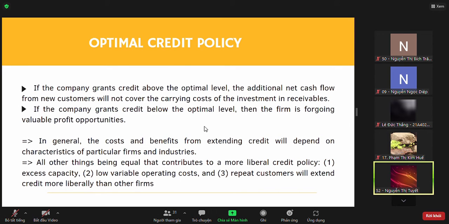All other things being equal, the factors that contribute to a more liberal credit policy are excess capacity, low variable operating costs, and repeat customers. Such firms will extend credit more liberally. Next slide.